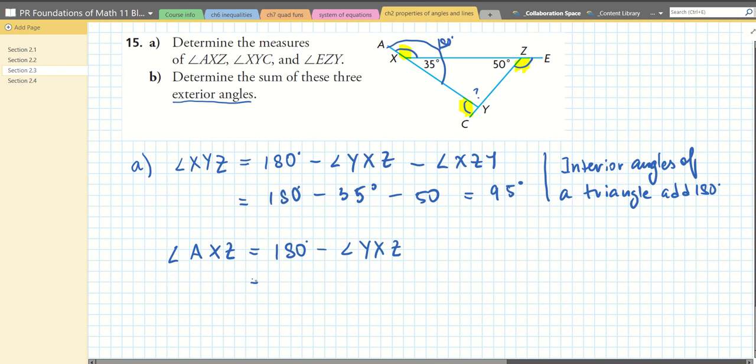So let's replace it with a number: 180 minus YXZ, which is 35. This equals 145. So we found one of them.